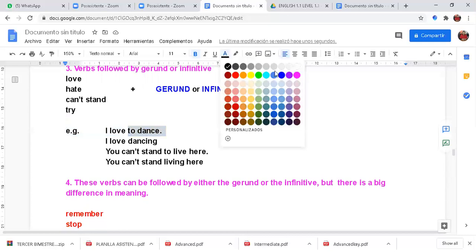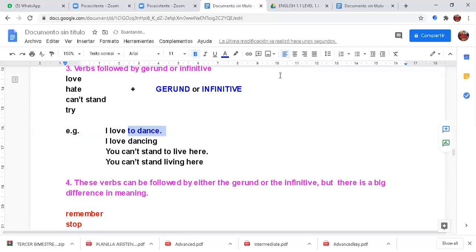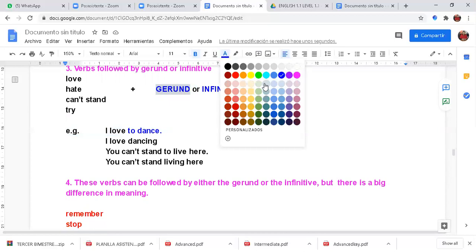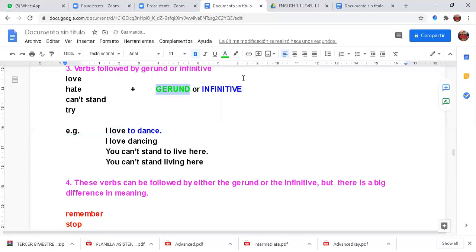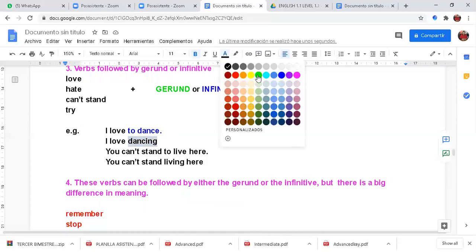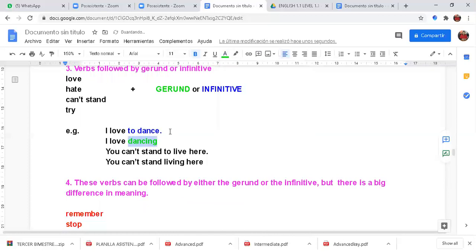Or you can also use gerund, I love dancing, okay? So as you can notice, you can use gerund or infinitive. In the second example, we are using gerund.